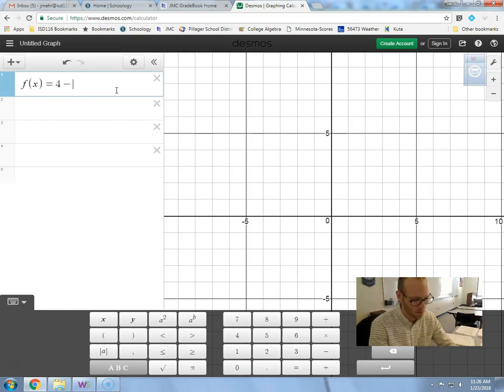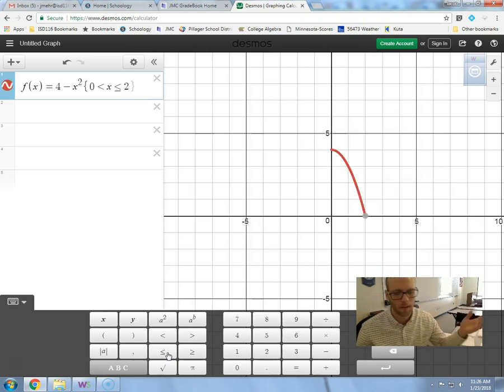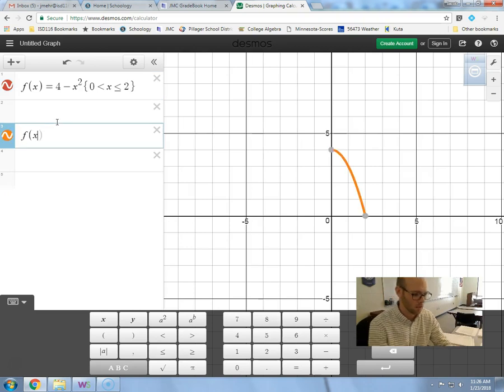I do want to show you this if you are graphing things in Desmos. So part of one of our functions that we graphed was 4 minus x squared, but we only want it for x's in a certain domain. So I'm going to put my curly bracket, and I'm going to say 0 is less than x, which is less than or equal to 2. Okay? That's how you graph a piecewise function in Desmos. Curly brackets.